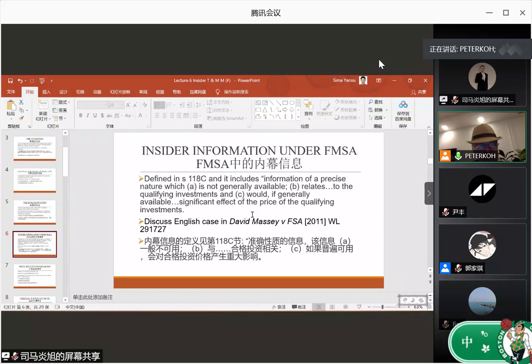Criminal Justice Act 是刑法 because insider trading 可以民法，也可以受刑法的 punishment.